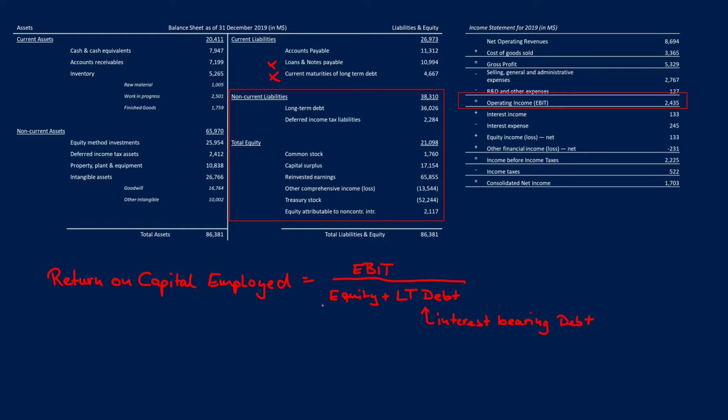What we see in the denominator here is called the capital employed. And that's why it's called return on capital employed. So the capital employed can be defined as equity plus debt. So this area here.